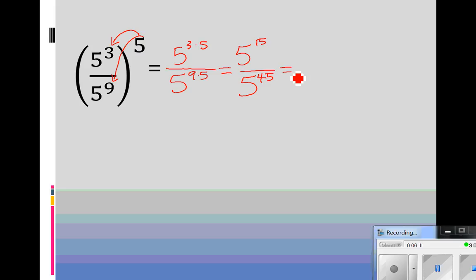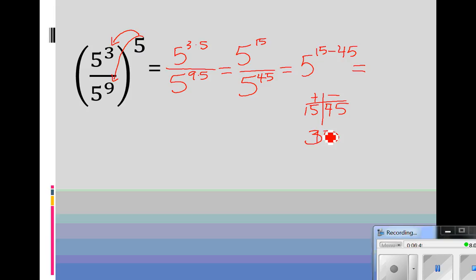We have like bases, so now we use our subtraction rule that goes with the quotients. And we have 5 raised to the 15 minus 45. And if you subtract that, well, let's make a t-chart first. We have 15 on the positive side, 45 on the negative side. And the difference between those is 30.